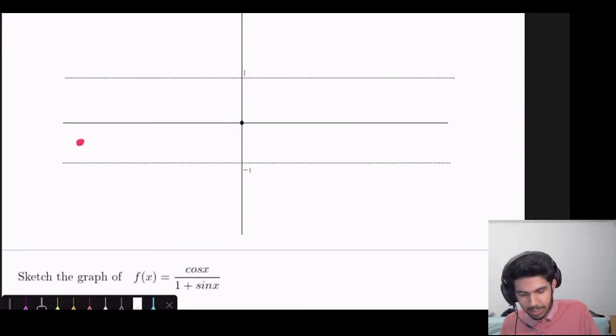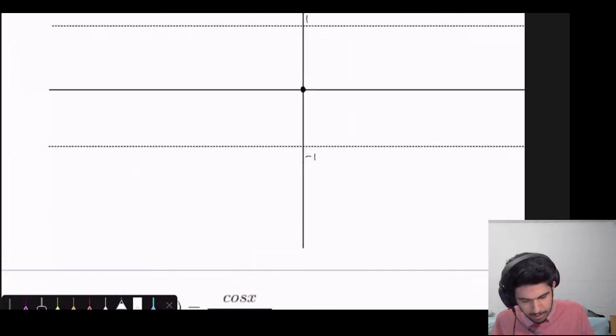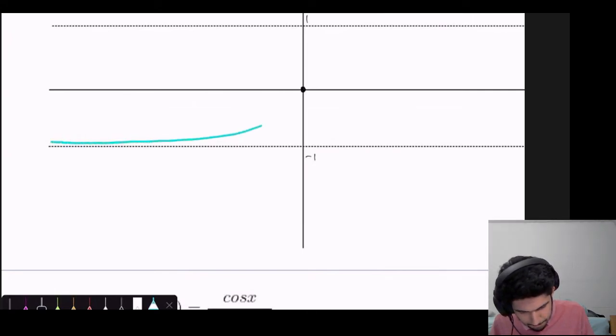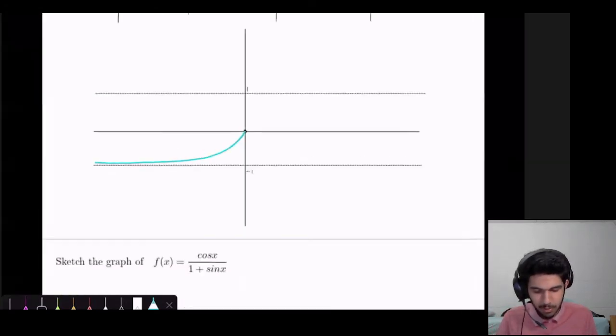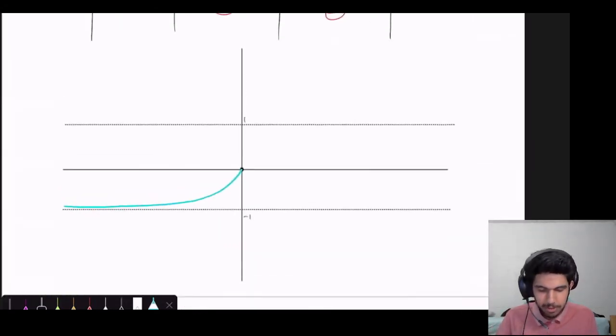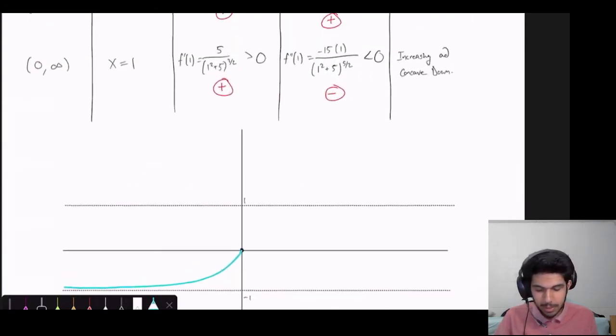So we should be starting in this section down here somewhere. And since this is a horizontal tangent line, it makes sense to start very close to it. So we want to be increasing and concave up. I'll use a different color this time. I'm going to do my very best to draw this, something like this. All right, we're within the interval, we're increasing concave up, and we intersected at the correct point.